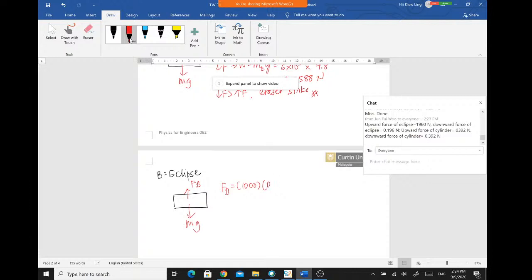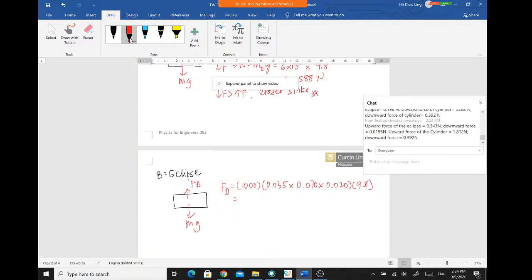So the volume 0.035 times 0.07 times 0.02, and eclipse is 0.343.